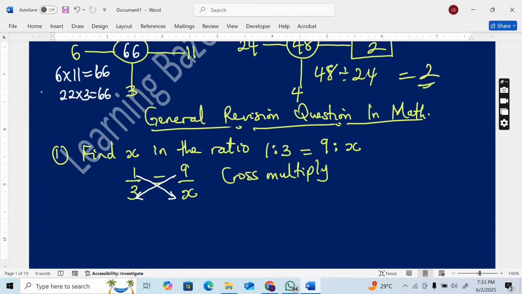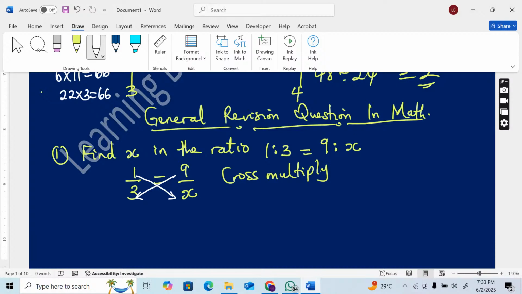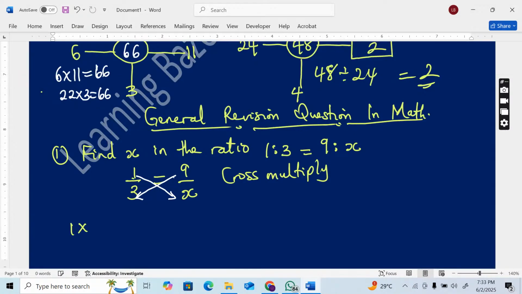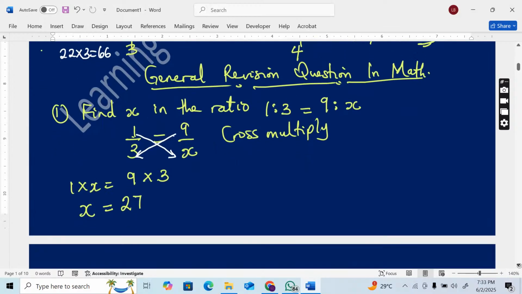So 1 times x is x, equals 9 times 3, which is 27. So x is equal to 27.